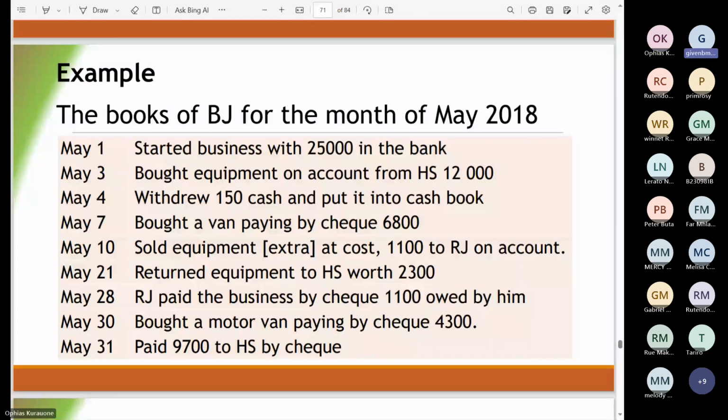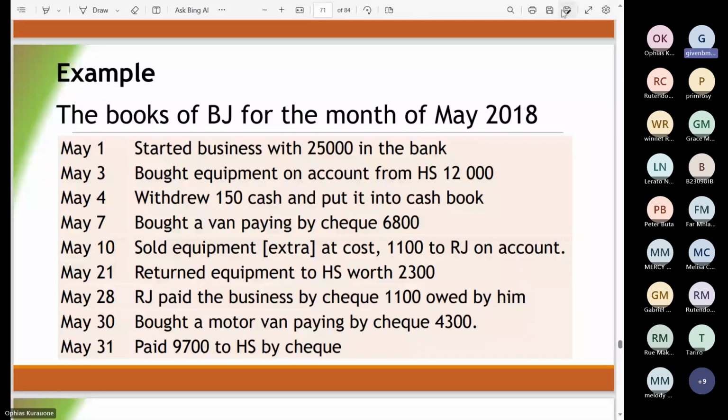On 7 May, bought a van paying by check 6.8. On 10 May, sold equipment costing 1.12 to RJ on account.